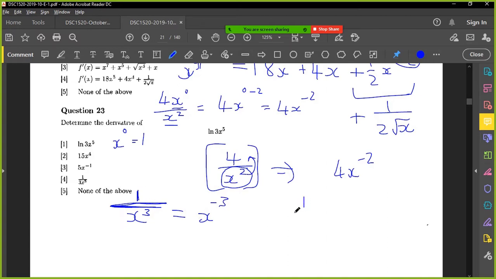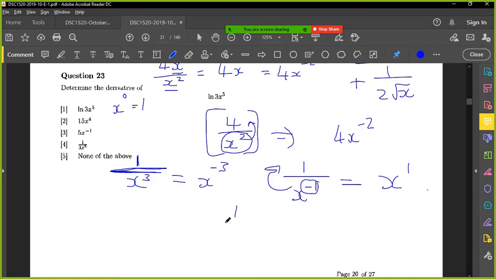If you had something like this, that would be the same as x to the 1, because this just means move it to that side. Or if you had to rewrite this, you could say 1 over x. That would be 1 divided by 1 over x, which is the same as 1 times x over 1, which is x. Okay, is that right?